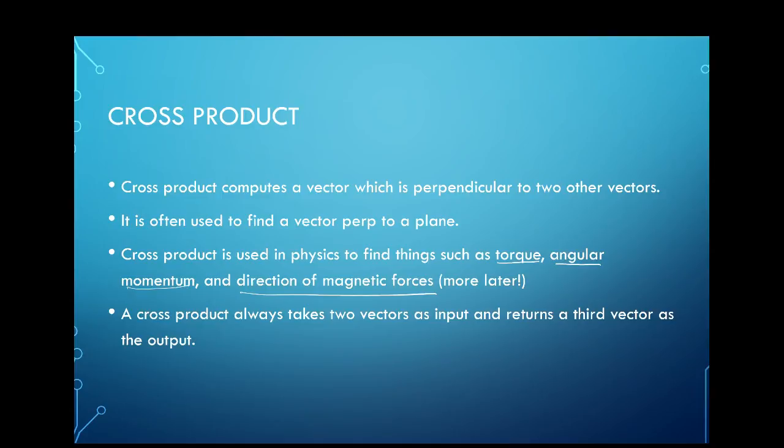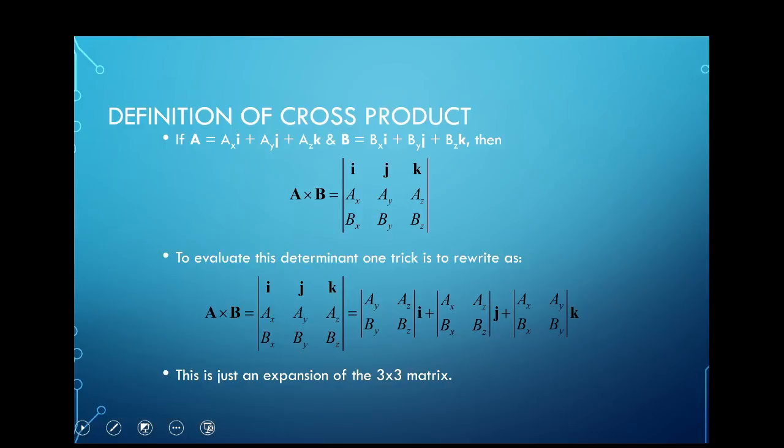So we're first going to encounter cross products when we get to chapter 9 or so, but it's important to talk about it now because a cross product takes two vectors as its input and gives us a third vector as the output.